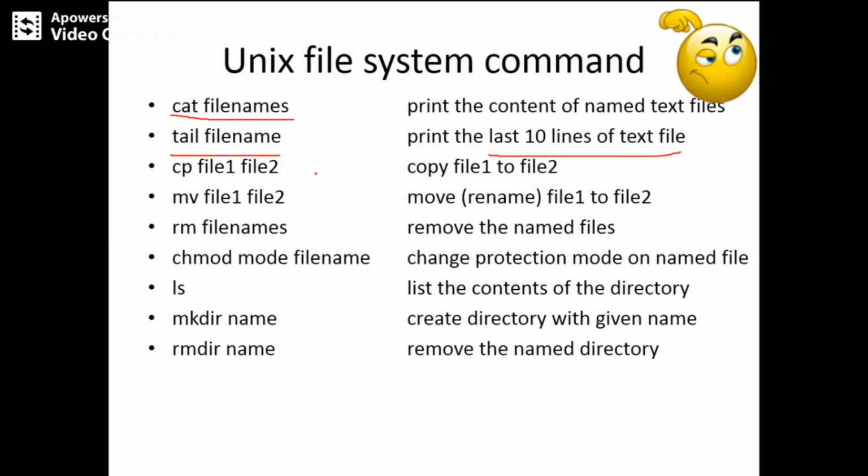Copy file1 file2 copies the content of file1 to file2, not in the opposite direction. Move file1 file2 renames file1 as file2. Remove filename removes whichever file you specify from your directory.